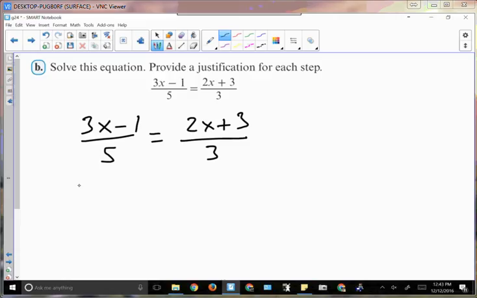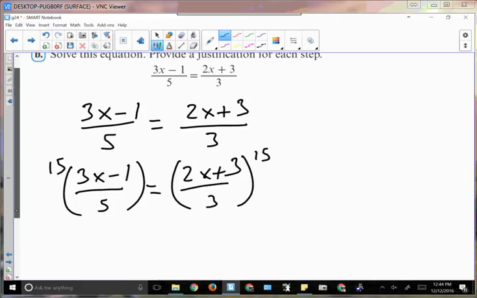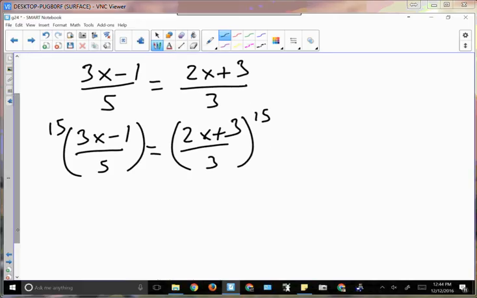If I were to take (3x minus 1) over 5 is equal to (2x plus 3) over 3, multiply this side by 15, multiply this side by 15, that would get rid of my fractions.